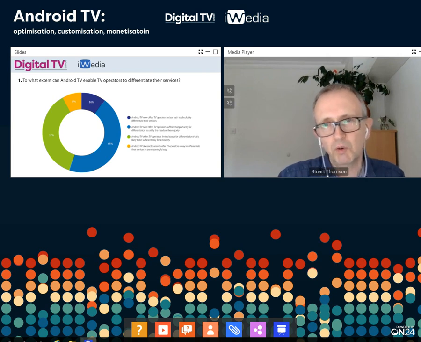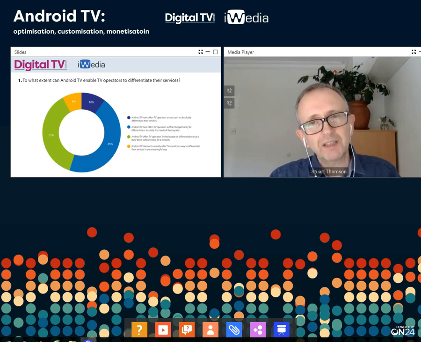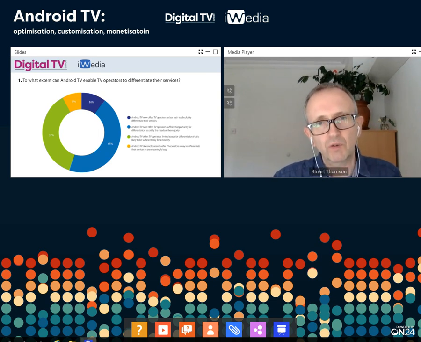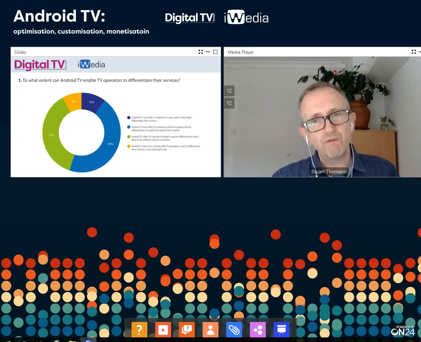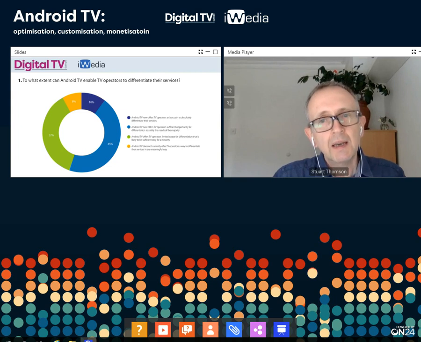According to the respondents, the answer broadly is yes. Only a minority, 10%, believe that Android TV offers operators a clear path to absolutely differentiate their services, but 45%, which in this chart is the mid-blue band in the pie chart, believe that the technology offers sufficient opportunity for differentiation to satisfy the needs of the majority of operators.